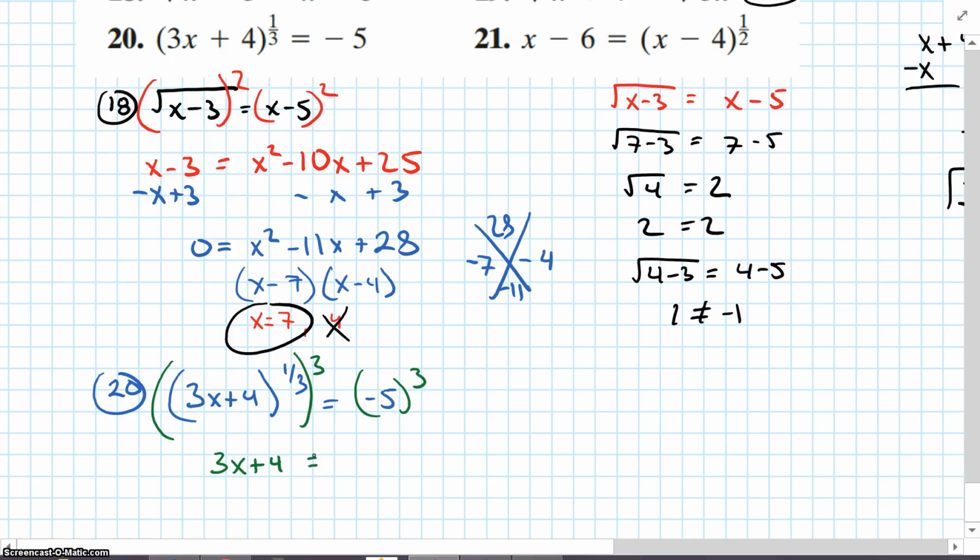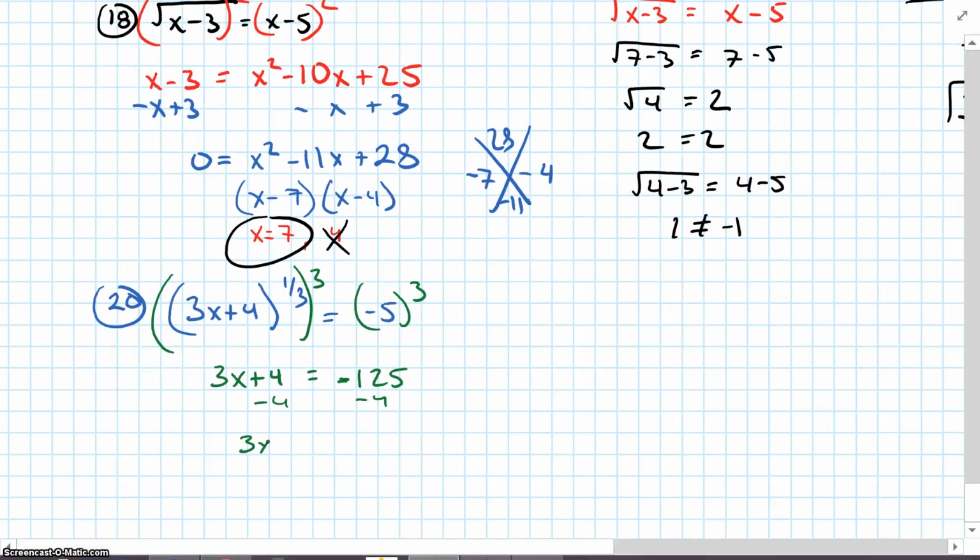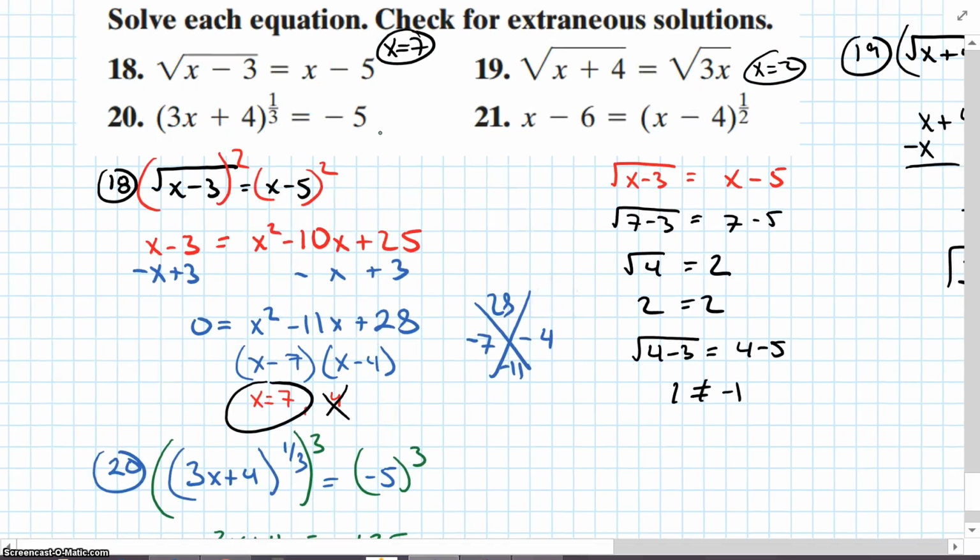Negative 5 times negative 5 is 25, times negative 5 would be negative 125. Subtract 4 from each side. So I get 3x equals negative 129. Divide each side by 3. X equals negative 43. So for that one, x equals negative 43.